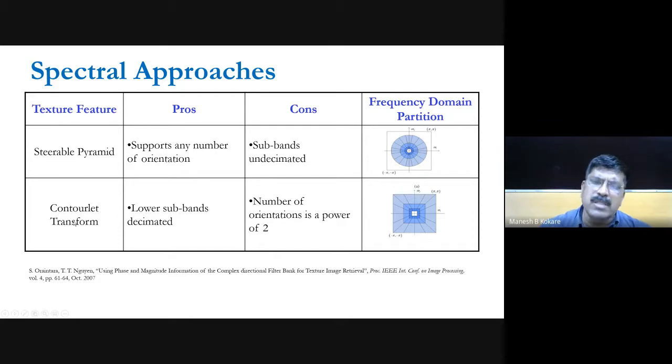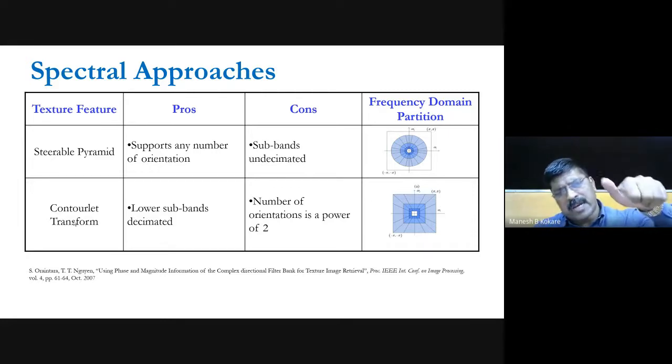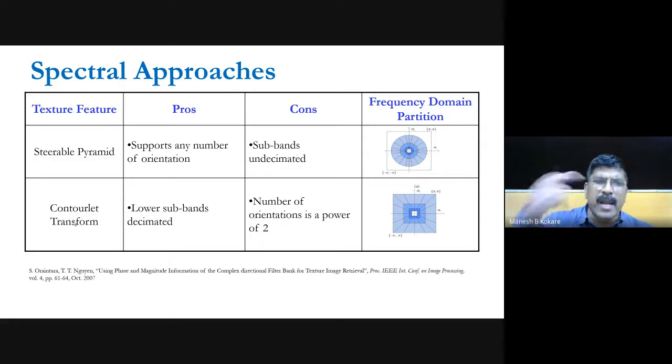Then see, I told you that you can extract the features by using Fourier transform, by using wavelet transform, by using Gabor wavelet, by using complex wavelet, by using contourlet and ridgelet, edgelet, and so on. So there are several wavelets available, and you can extract the textural features by using any kind of transform.